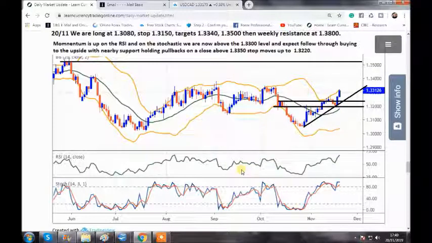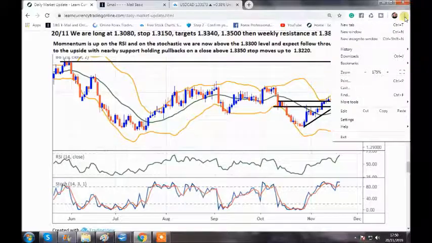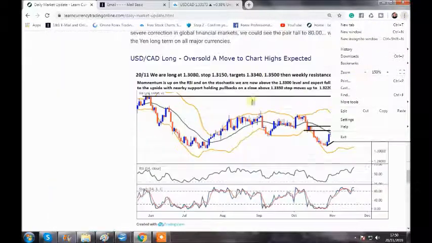So going quite nicely. I personally see any pullbacks towards this level as basically buying opportunities, and we're going to hold our stop back behind the key 132 level until we get well clear of 133, this bunch of candles here. Then I'll bring my stop up behind first level support.